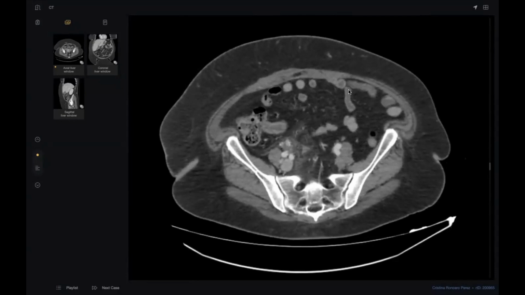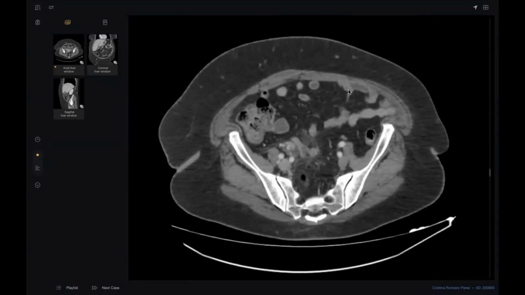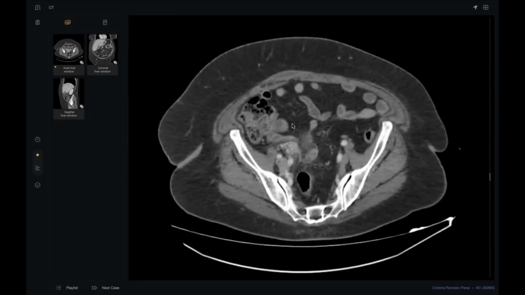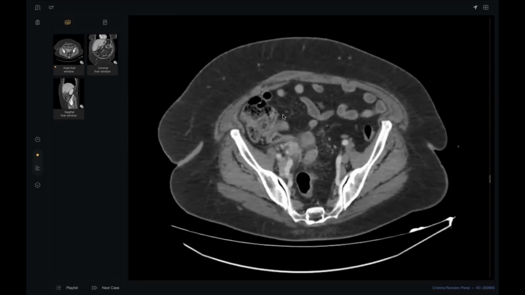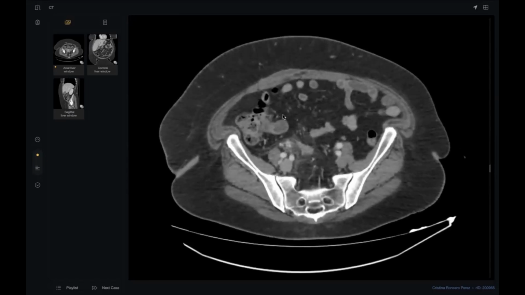See here, this is the ileum, terminal ileum, okay? This is the valve, ileocecal valve. Look here, concentrate here. You must pick up a tubular structure, this one. See, my colleague, this one.